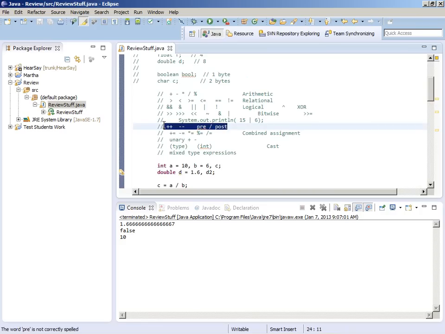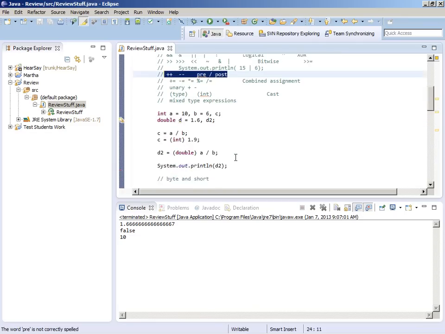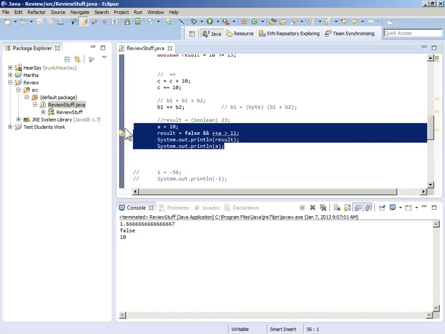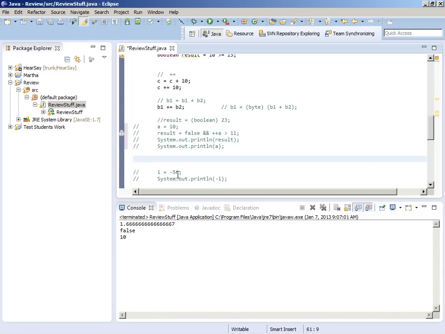The operators in Java, all of the tricky little things that I could think of. Well, there might be a couple more with the logical not. So we have a result. Okay, not true and false.